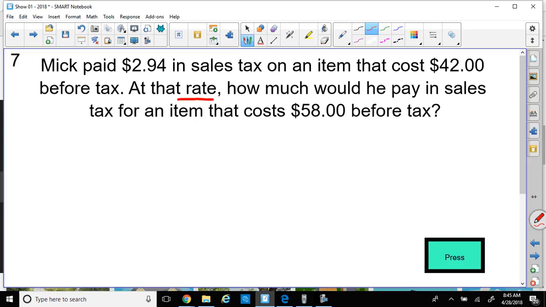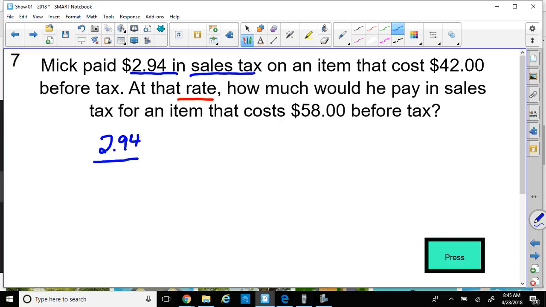How much would he pay in sales tax for an item that costs $58 before tax? All right. So, as I said, there was $2.94. That was a sales tax before the $42.